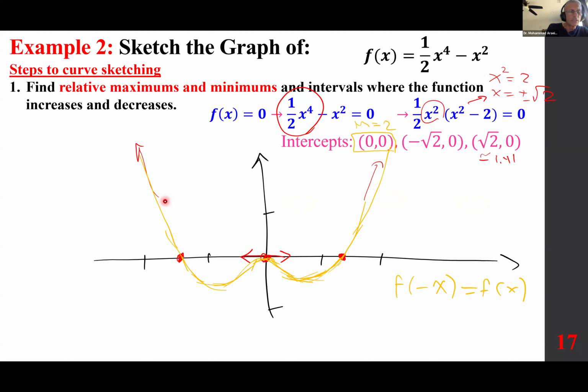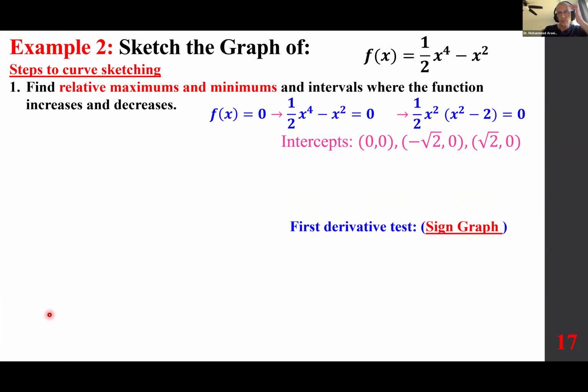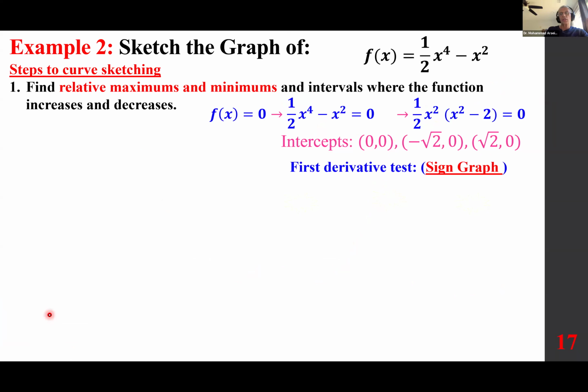Now, let me erase the work, and to get to the first derivative test, we have to find f prime of x. To find f prime of x, it's a simple case of 1/2 times 4, 2x cubed minus 2x. We need to set it equal to 0.